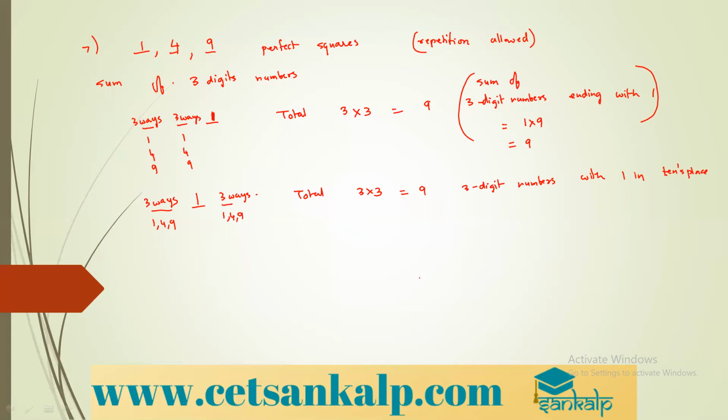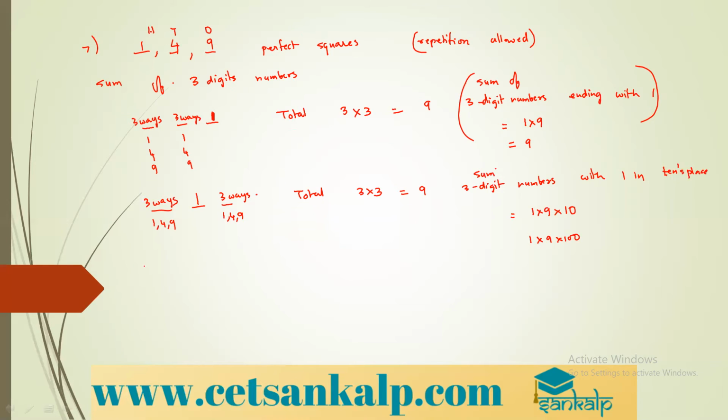If I add up all the ones in the tens place, first of all there are 9 ones, and because they are in tens place, I have to multiply by 10. Like that in hundreds place, the sum will be 1 into 9 into 100. In thousands place, we can't do it because there are only 3 digits: ones, tens, hundreds.